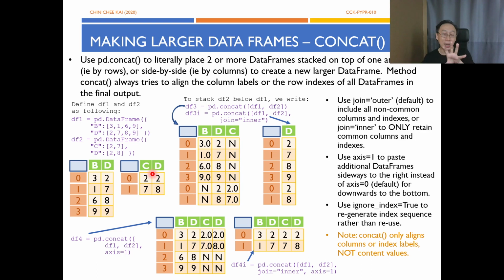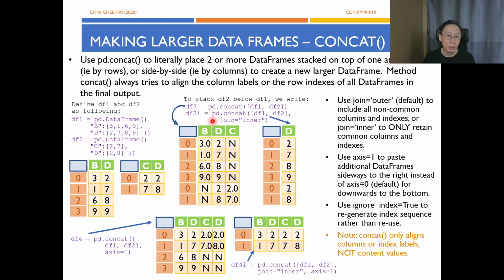The basic concept is that without specifying axis, that's axis equals 0. That means row-wise addition. Axis equals 1, column-wise pasting. So row-wise, column-wise.